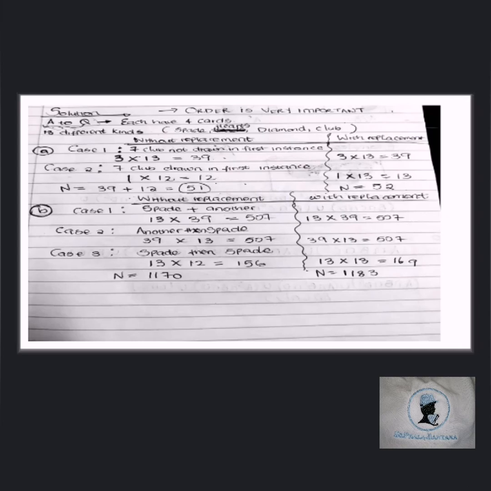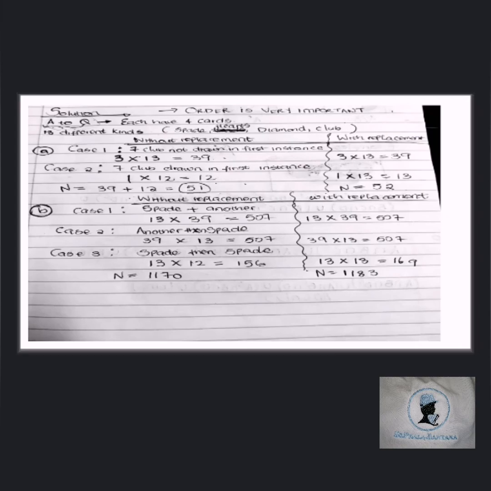And case number 2, we are saying, what if the first card we draw is not a spade, it's just another card, and then the second one is a spade. Remember, order matters. I told you in the beginning of the solution that order matters in this case, because you can't say you are drawing card number 2 without drawing card number 1 first.